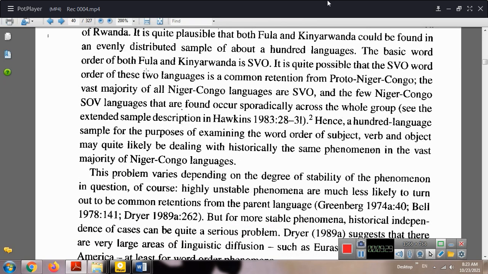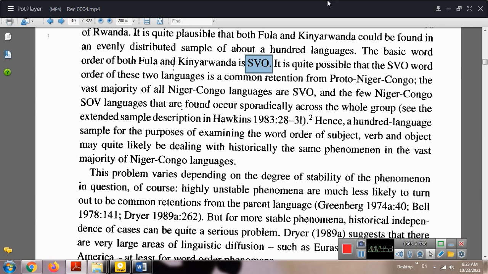The basic word order of both Fula and Kinyarwanda is SVO. SVO means their sentence order is in this way. S stands for subject, V stands for verb, and O stands for object.